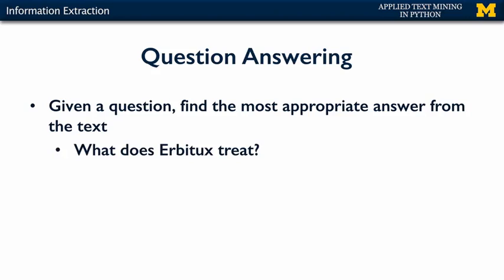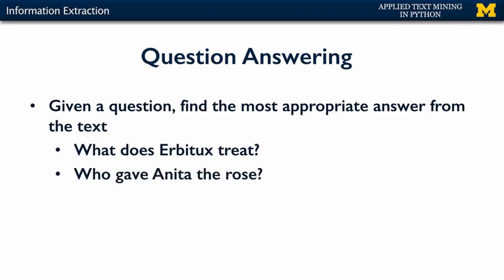And you would need both named entity recognition and relation extraction to answer these questions. So for example, if the question is what does Erbitux treat, you first have to identify that Erbitux is a treatment, the relation is treat, and then fill a slot in this relation to say Erbitux is a treatment for something, and that comes from text, and that is lung cancer.